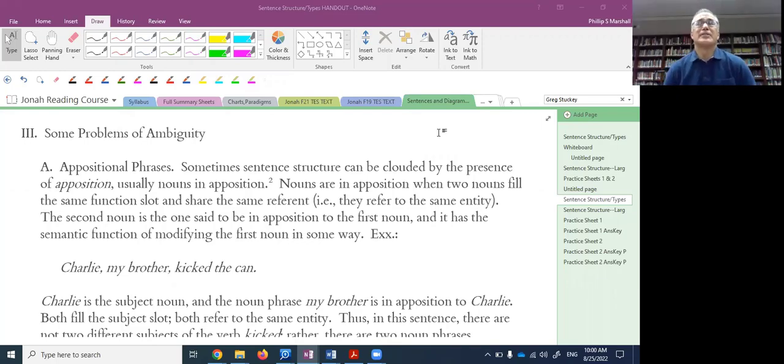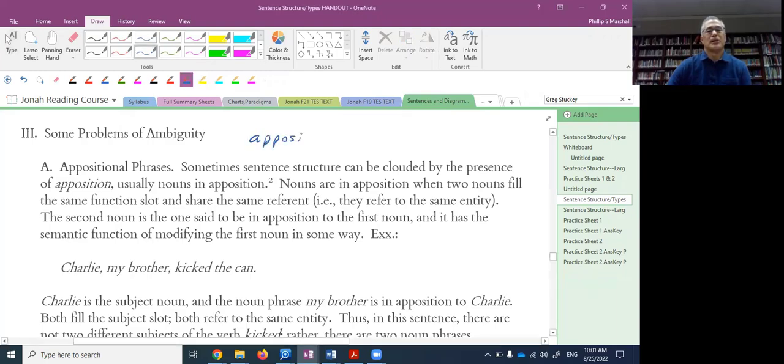It's going to refer to the same thing, whatever that first noun refers to, the second noun refers to. So they refer to the same entity. They have the same referent. And what we say is that the second noun is in apposition to the first noun. We call that second noun an appositive. So appositive is the name for the second noun in apposition to the first.